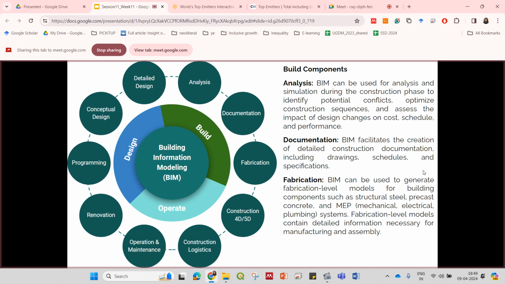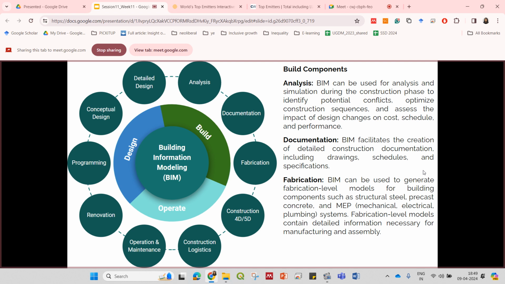Then is the documentation. BIM also facilitates the creation of detailed construction documentation, including the drawings, the schedules, and the specifications that are followed through the building process. Last is fabrication.